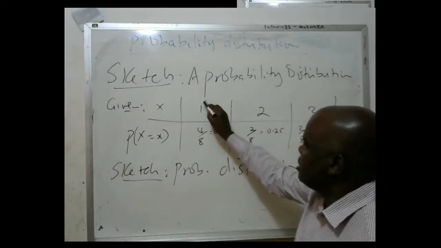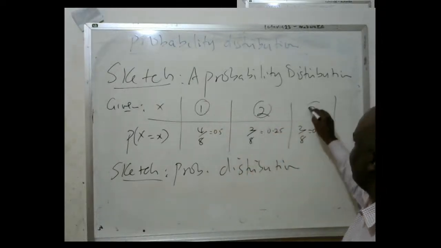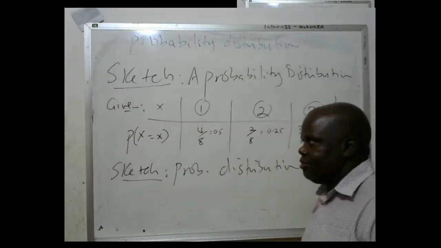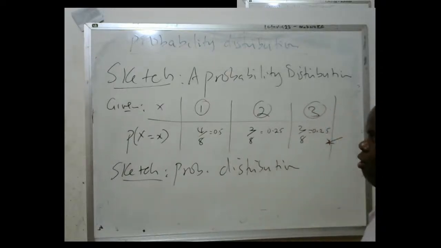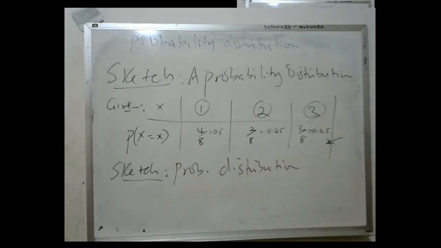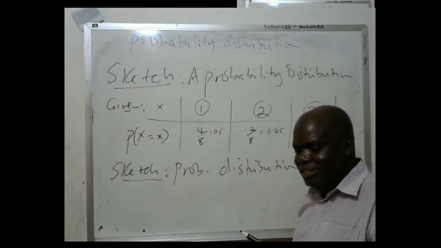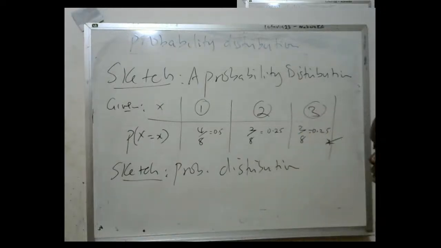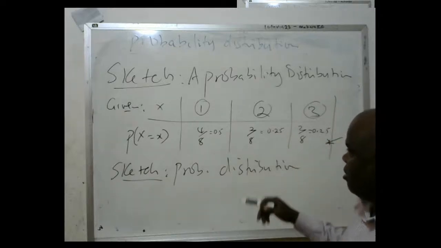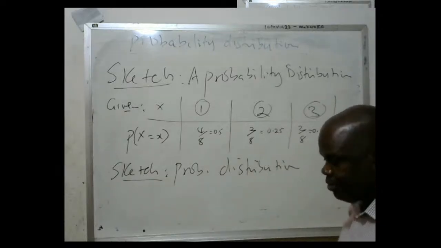So we shall plot these observations on the x-axis and these respective probabilities on the y-axis, and that will be the sketch of the probability distribution. When they say make a sketch, it does not necessarily mean that you should have a graph, but you should have general knowledge and logic. Well, let me plot this, then you see, and I will explain.